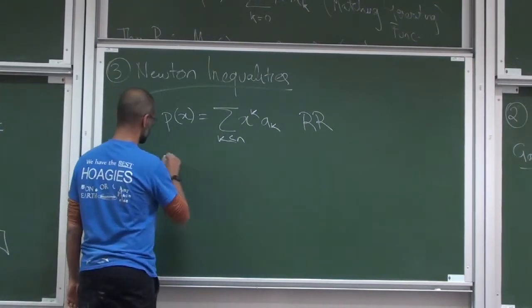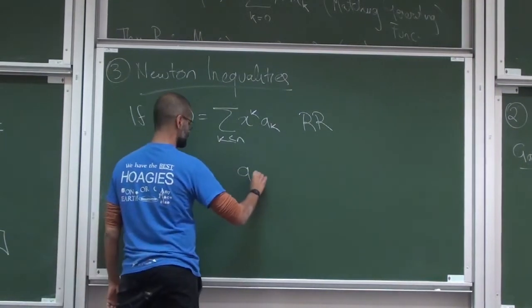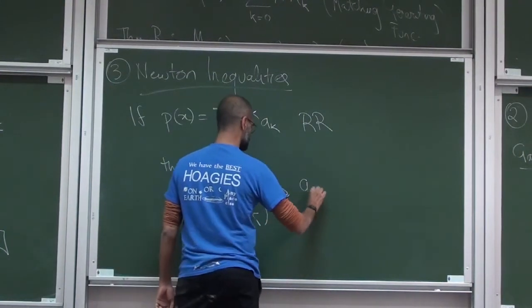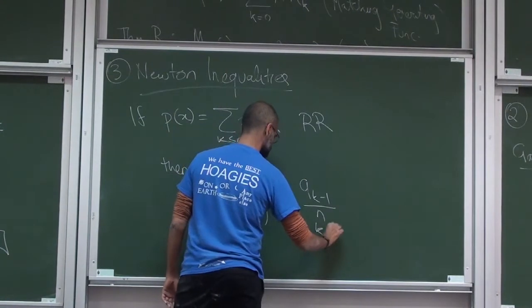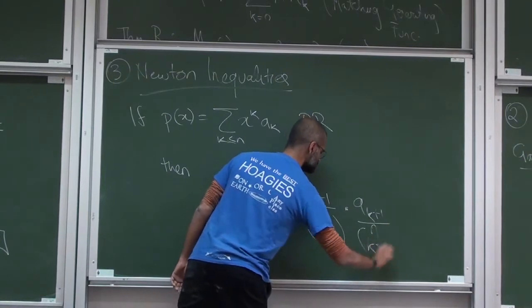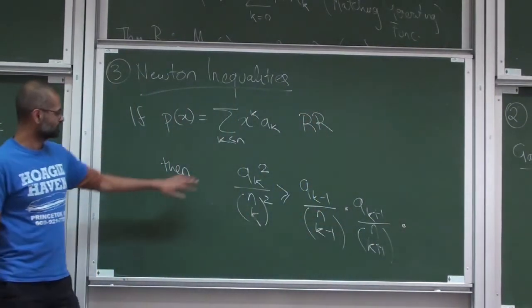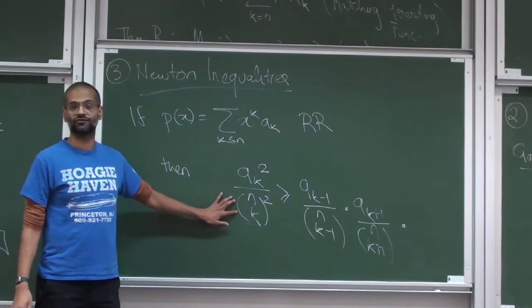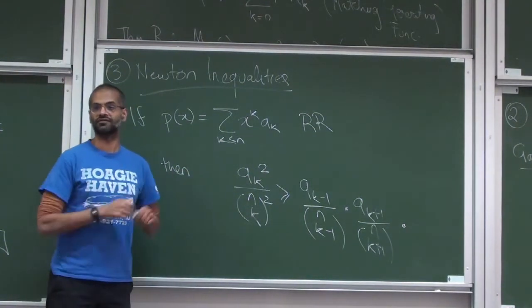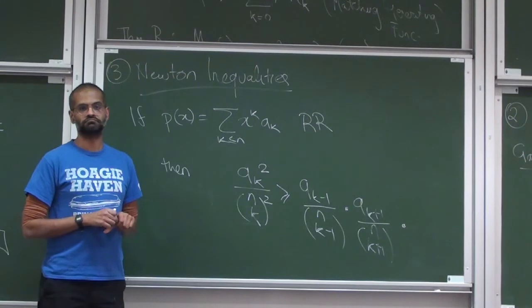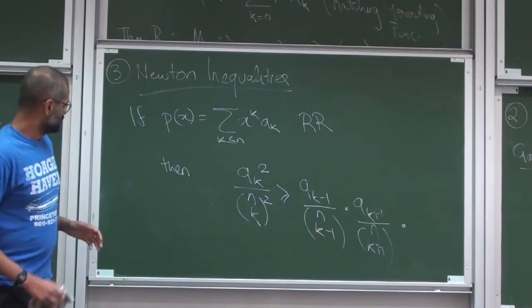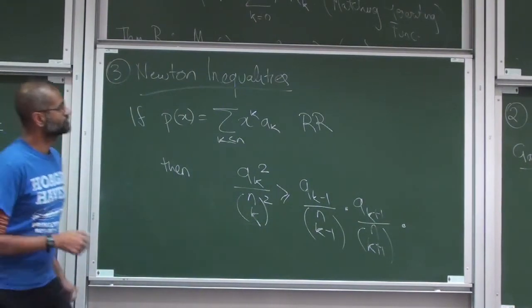There are some very clean inequalities: a_k over n choose k, squared, is at least the product of a_{k-1} and a_{k+1}, each normalized by its binomial coefficient. So if you take the coefficients and normalize them by the binomial coefficients, for any coefficient, its square is bigger than the product of the two neighbors. This assumes real-rootedness. Let's prove this now.